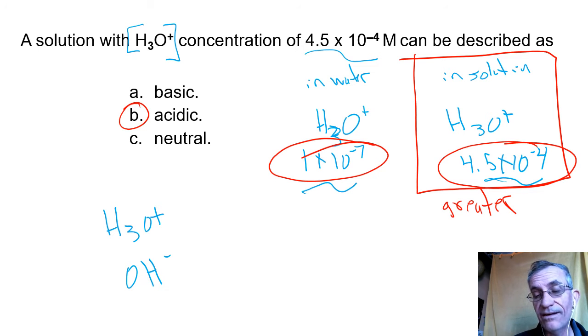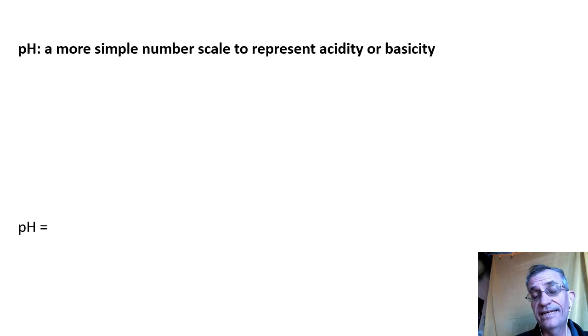So one way that we can talk about acids and bases without having to look at these tiny values is the pH scale. The pH scale is another way of talking about whether you are acidic or basic, but the numbers we run across aren't so crazy and always in scientific notation.